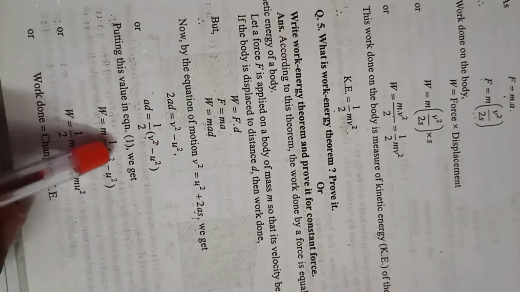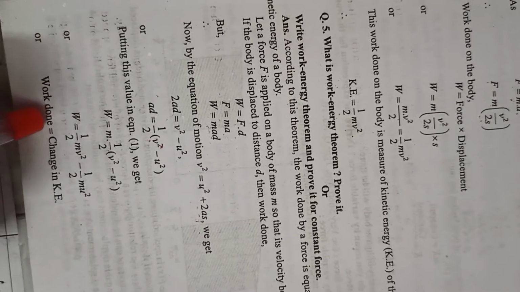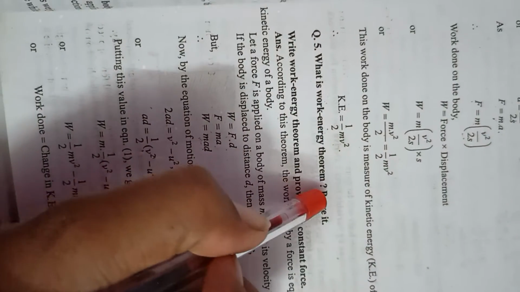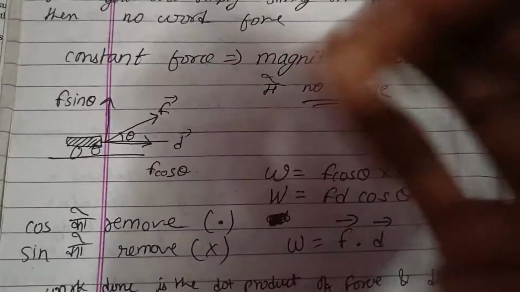So I get half mv square minus half m u square. So work done is equal to change in kinetic energy. We had taken the formula of kinetic energy, and the work energy theorem is: work done is equal to change in kinetic energy.